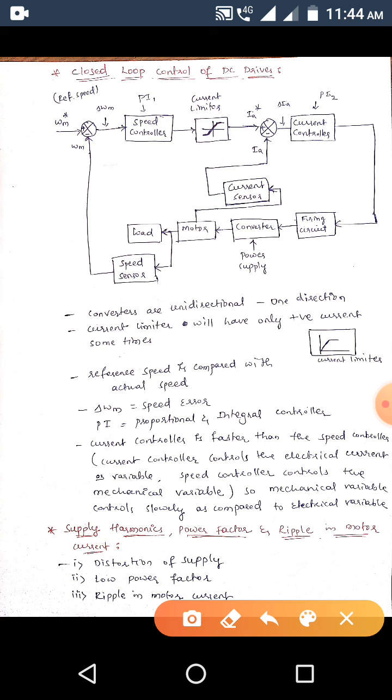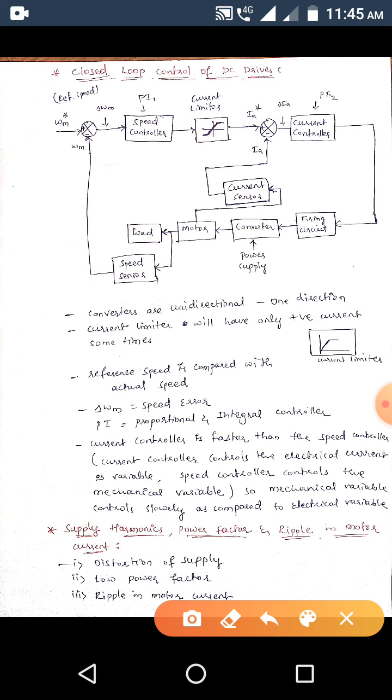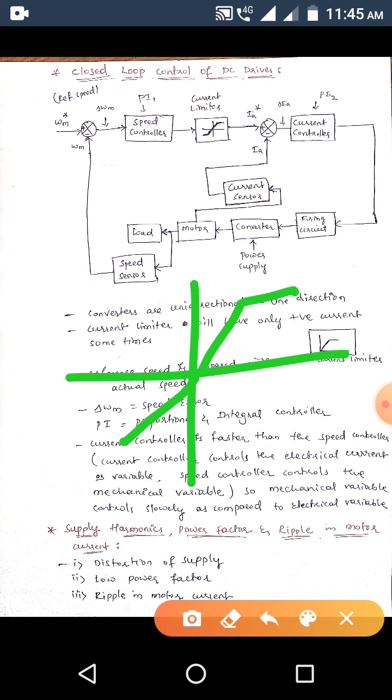After proportional and integral action on the speed error, that is fed to the current limiter, where the current is going to be limited. As I told, there will be two current limiters, the positive current limiter and the negative current limiter.